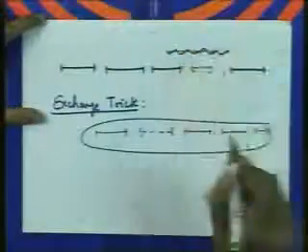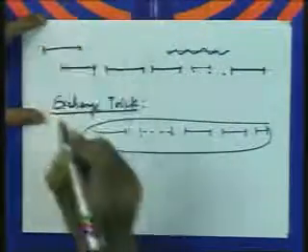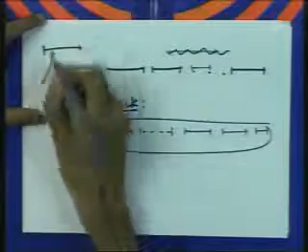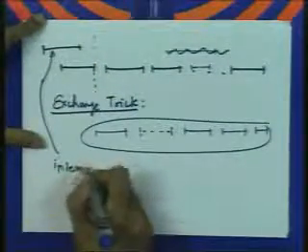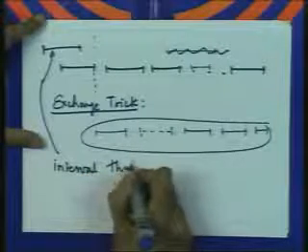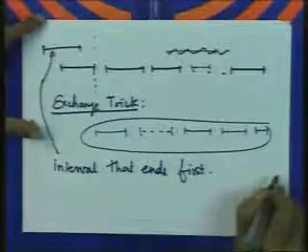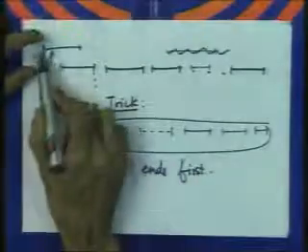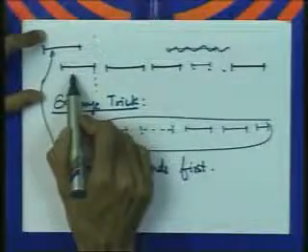So what do I know about the interval that ends first? It has to end before this, right? So the interval ends somewhere here. This is the interval that ends first. Now you notice that I can add this and I will remove at most one interval, that is the first interval.